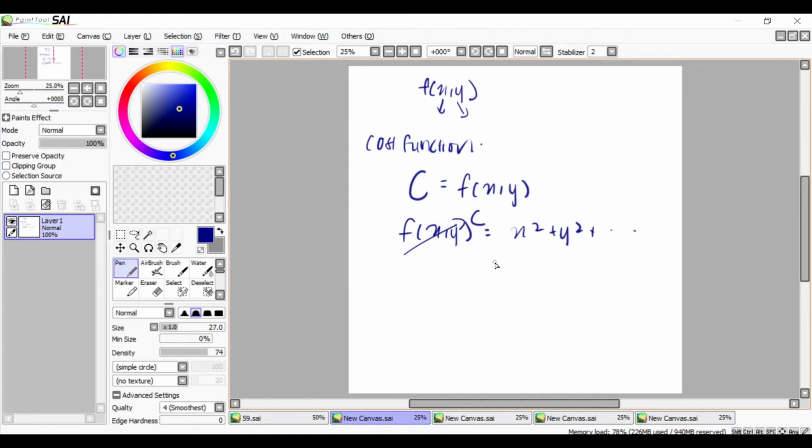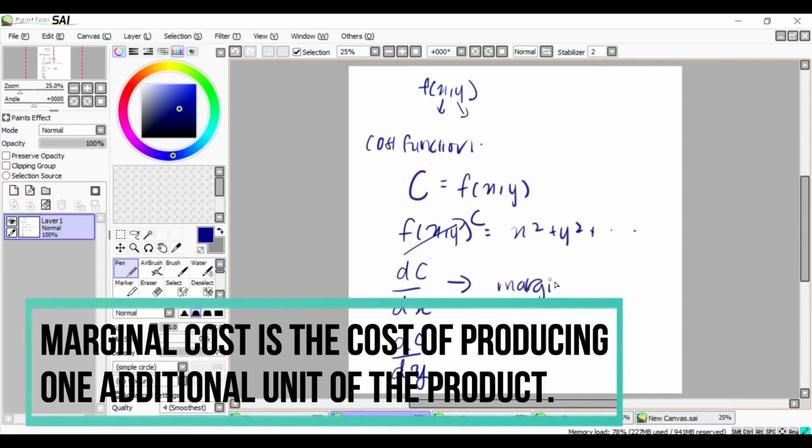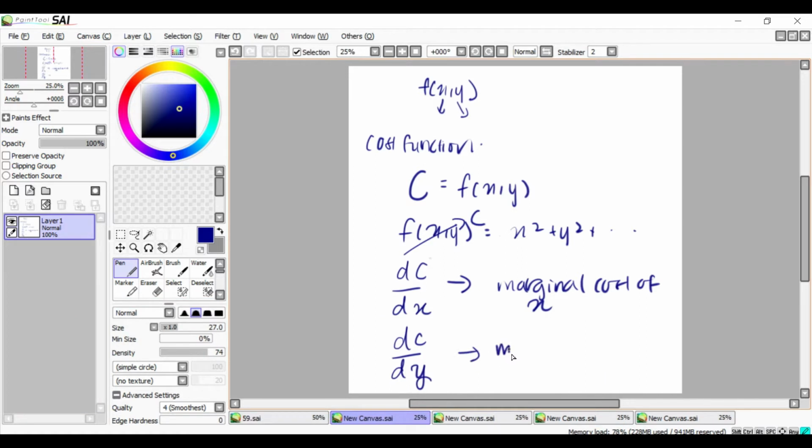Here, when we differentiate c, it'll be written as this, with respect to x and with respect to y. If we're differentiating with respect to x, we will be getting the marginal cost of x, and this will be the marginal cost of y.